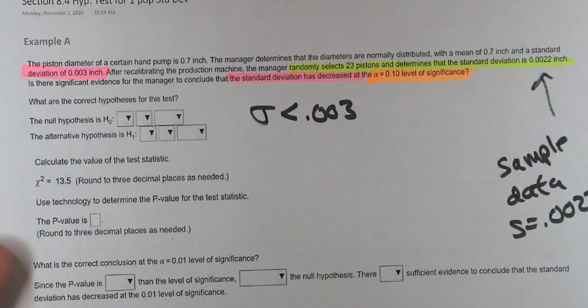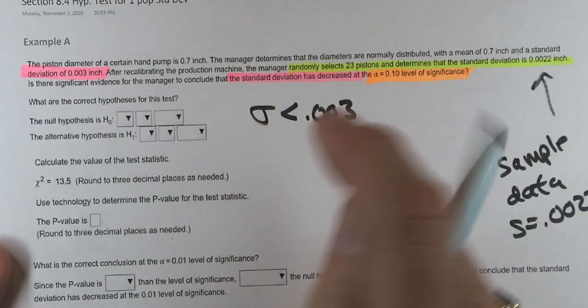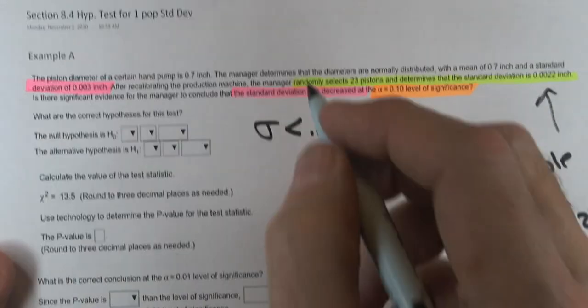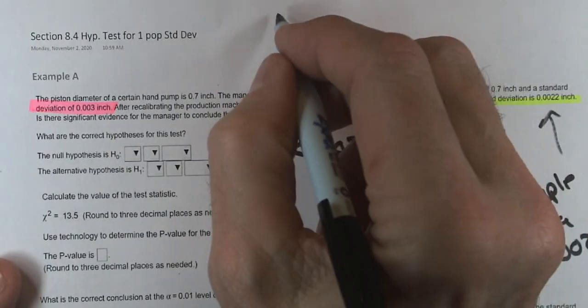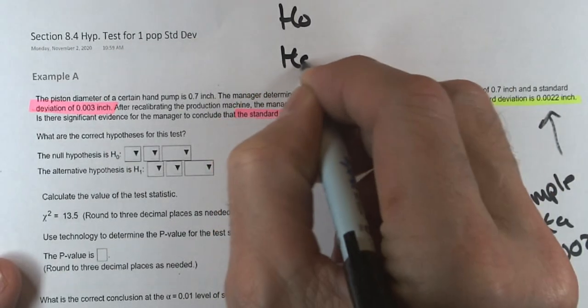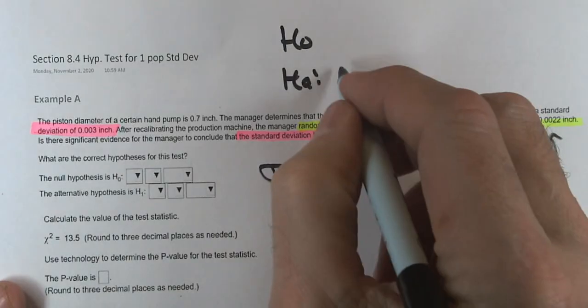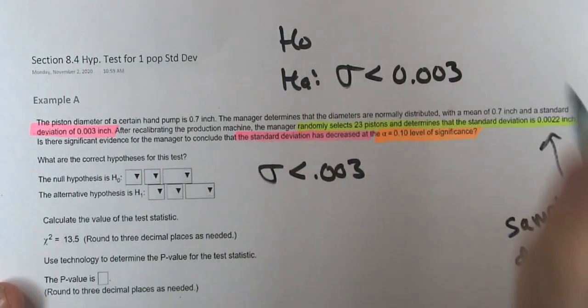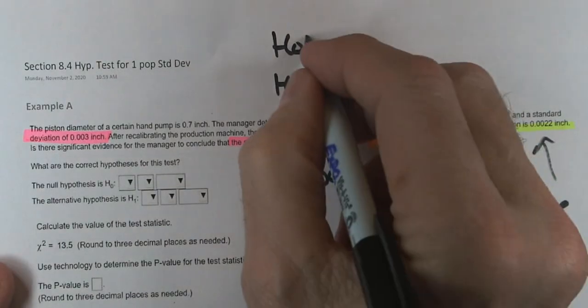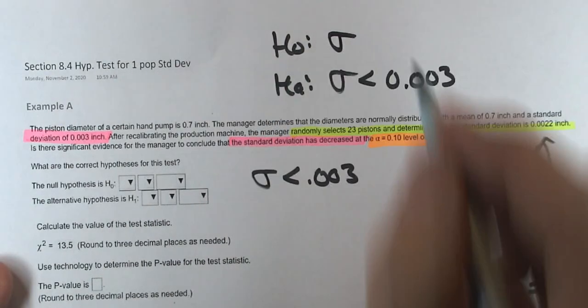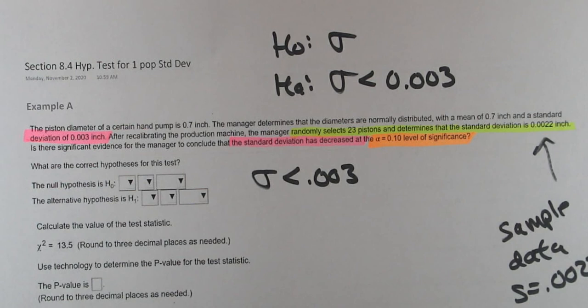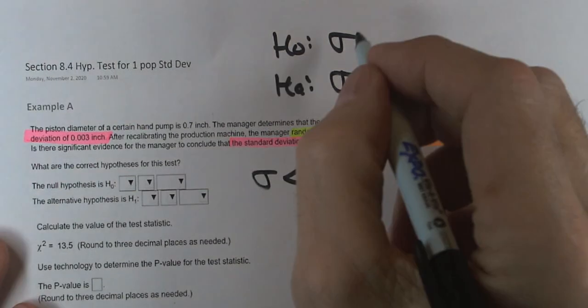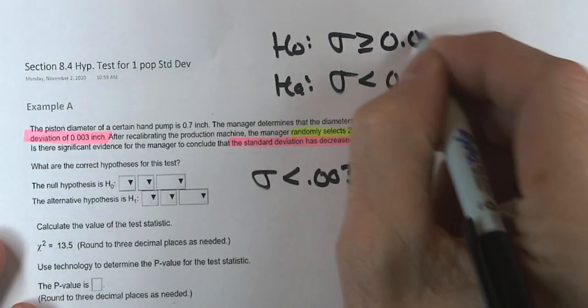It has to be, since it doesn't contain the possibility of equality. So we've got H0 and HA. Let's put this in HA first: sigma is less than 0.003. And then H0: sigma is greater than or equal to 0.003.